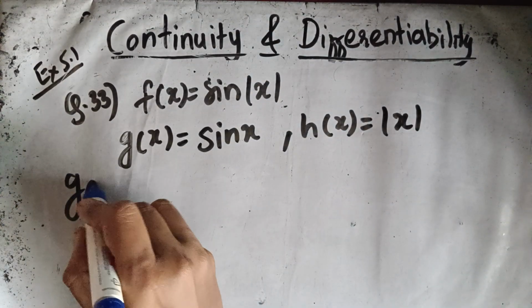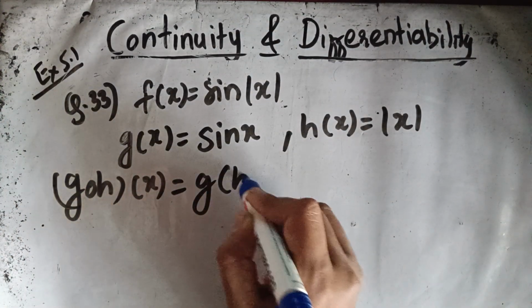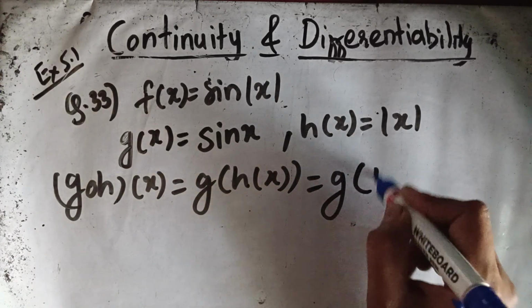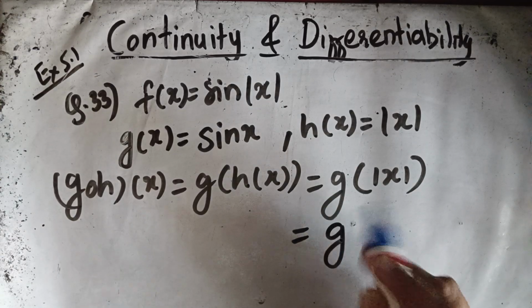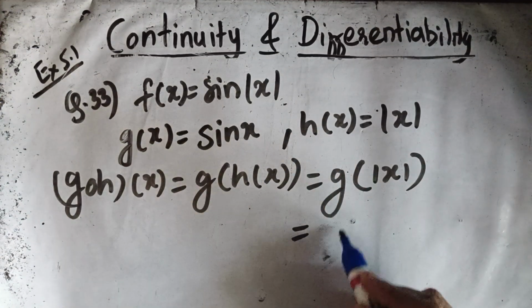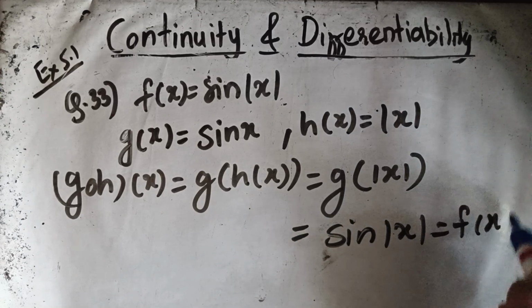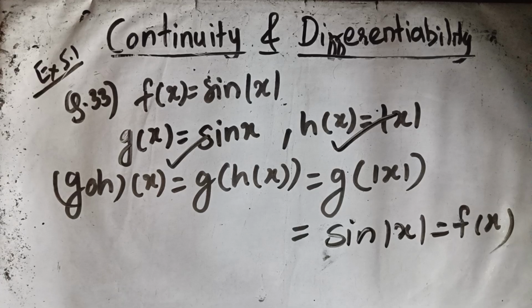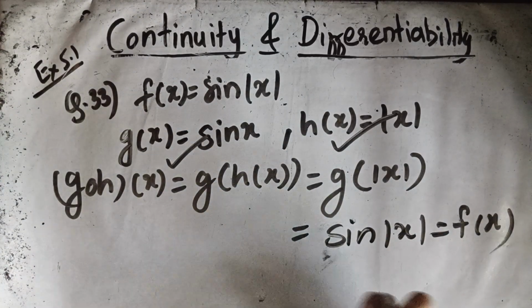So this is g composite h of x, g of h of x. h of x is mod of x, and g of this is sine, so sine of mod of x, which is our f of x. Okay, so you have to prove that this is continuous, this is continuous, so the composition is continuous. Okay, same steps you have to follow.